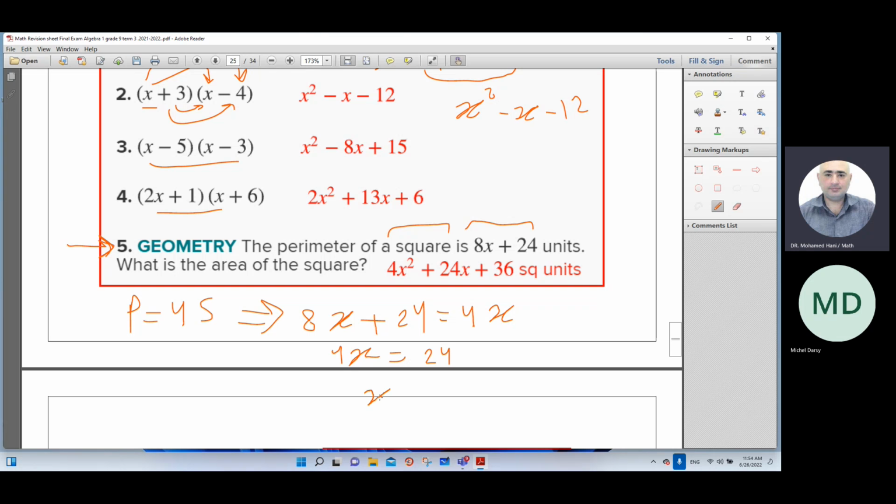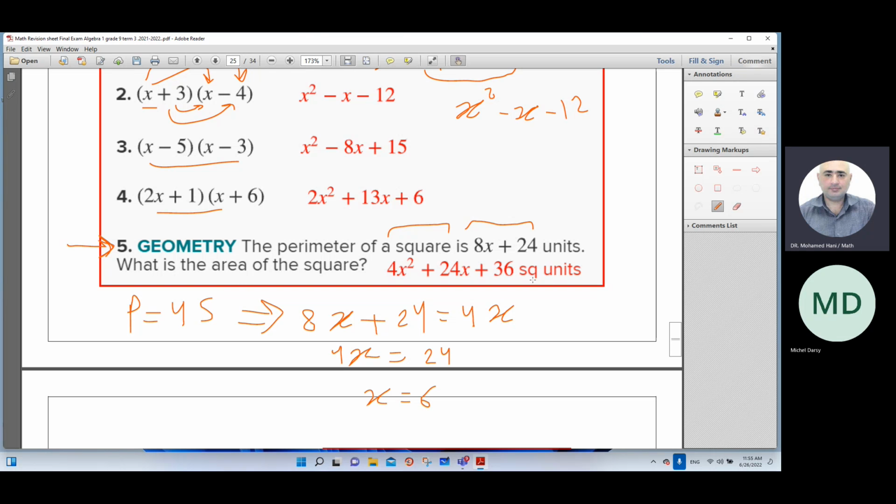You can divide the two sides by 4, so the value of x will be 6. This is if you want to find the value of the x. But here, the perimeter of a square, we know the perimeter, and we want to find the area of this square.